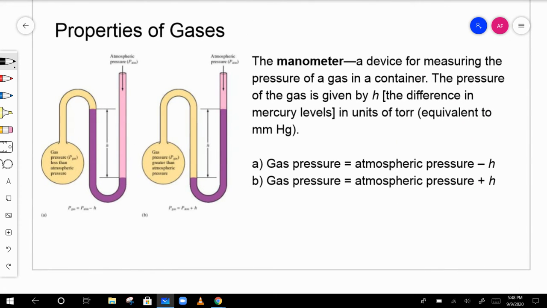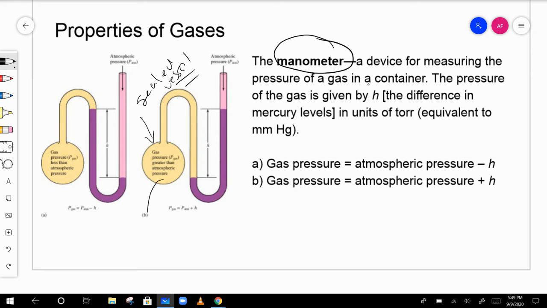Okay, next thing, this is a manometer. It's a little bit different than a barometer. A barometer measures atmospheric pressure. A manometer measures the pressure inside a sealed vessel. We often use it to look at how much gas is produced from a reaction.